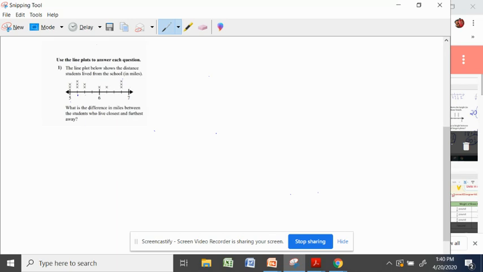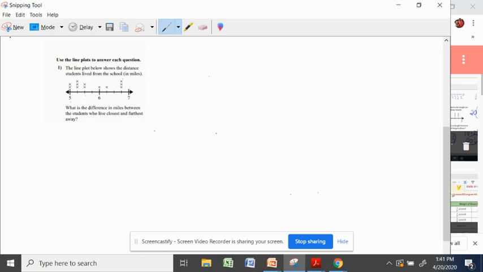So in this case, before I reach my new whole, there's 1, 2, 3, 4. So that's why my fractions are divided into fourths.